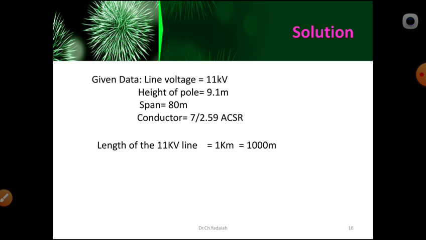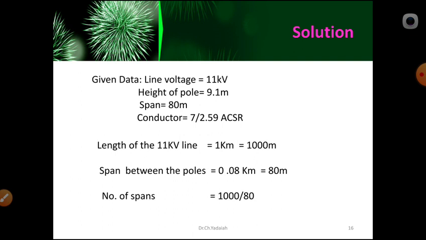Now, based on the data, the length of the line is also given: 1 kilometer, that means 1000 meters. First, you know the length, and after that you know the span, and span is pole to pole. Now you are going to calculate the number of spans. Number of spans is equal to total length by span.